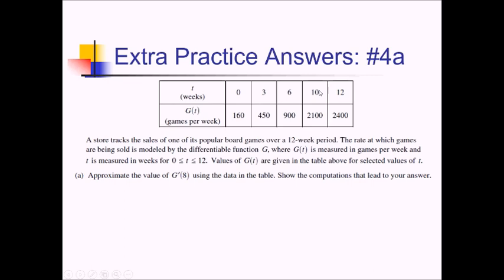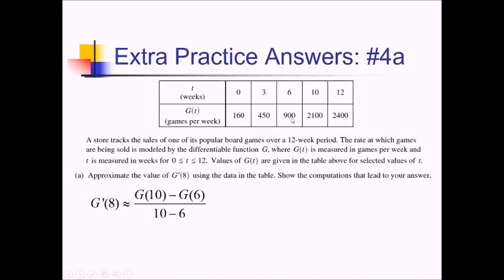So I'm just going to do AROC from 6 to 10 of the g function, and that'll help me approximate this g prime. So I've got g of 10 minus g of 6 over 10 minus 6. Notice I said that g prime of 8 was approximately equal to this. I know it's not exactly equal, and I'm doing some truth in advertising here to get full credit.